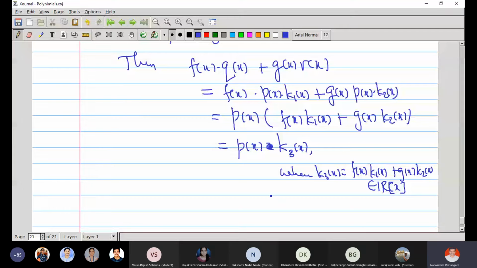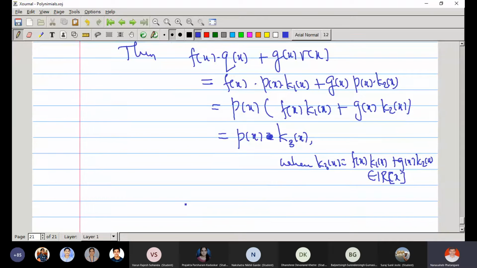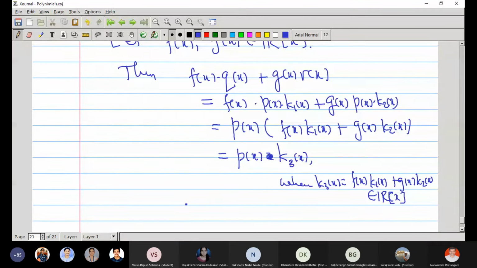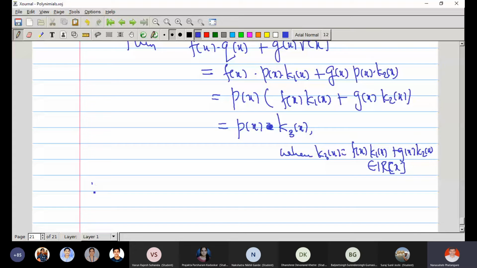So what is the conclusion? P(x) is a factor of f(x) times Q(x) plus g(x) times R(x). Am I right? Correct.